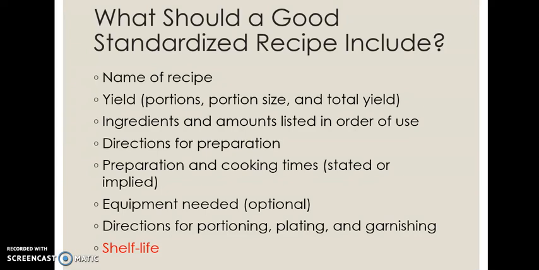They help you know what you are going to be making. They let you know what you're going to need. One of the things that I like to add to this list as well is the shelf life. I think that a standardized recipe should also include a shelf life. And a shelf life is not necessarily when a recipe will go bad. A food's shelf life deems that product no longer as good of a quality as when it was first made.